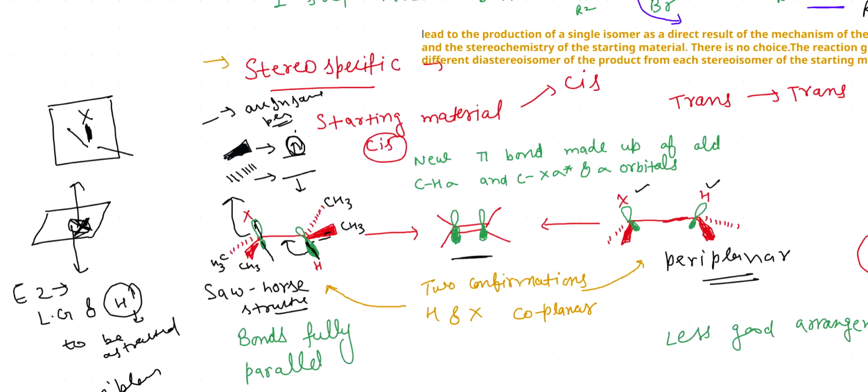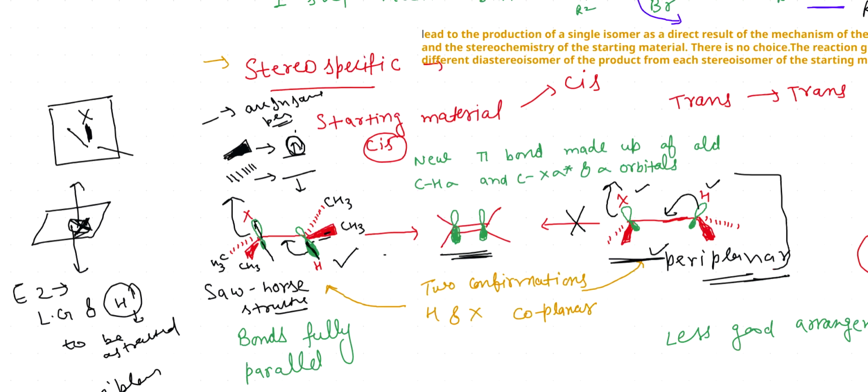In this, hydrogen is abstracted and the leaving group will be removed, but the possibility due to this conformation is less. So the major product formed will be due to the other stereoisomer, which will yield the alkene. In this case there is a less good arrangement, so this is not the perfect conformation for the E2 mechanism to be followed.